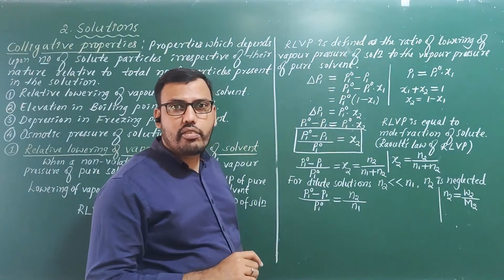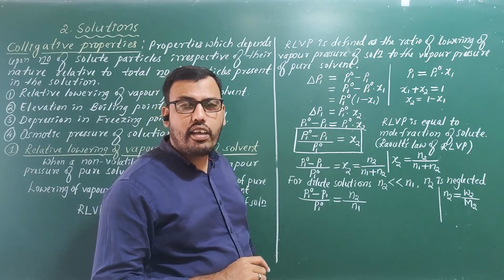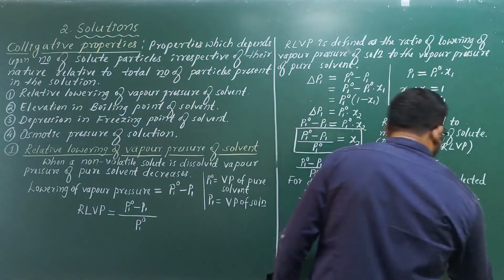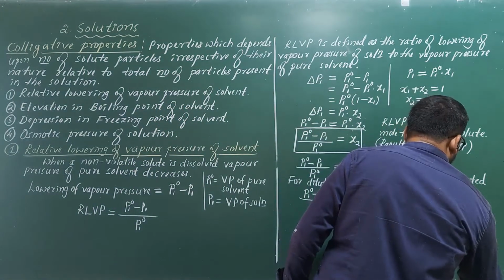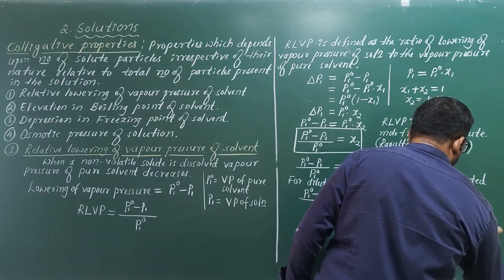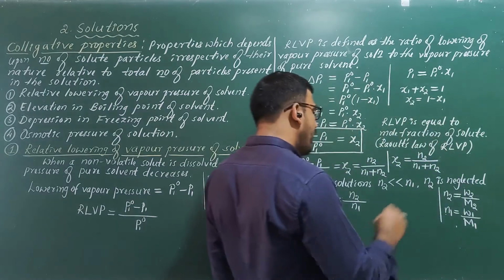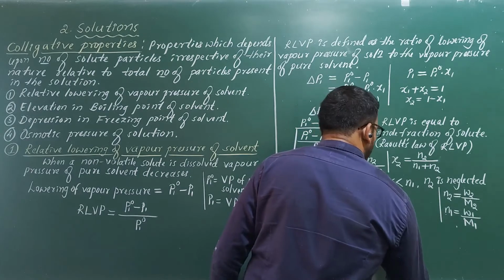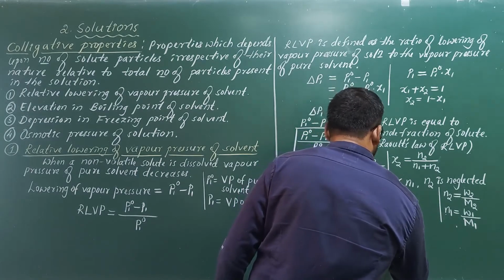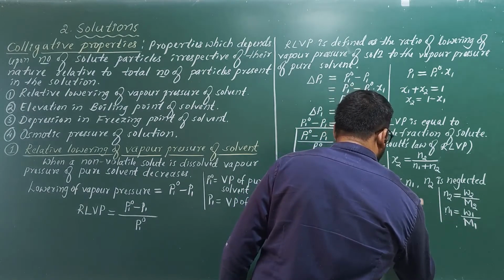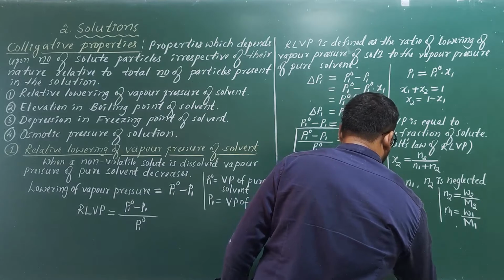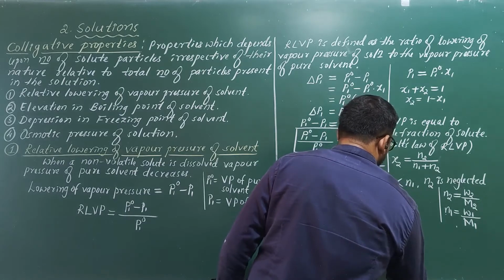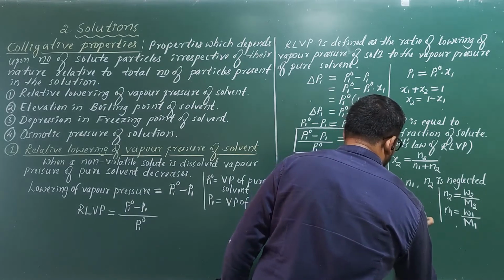Number of moles is equal to mass divided by molar mass. Similarly, N1 is W1 divided by M1.